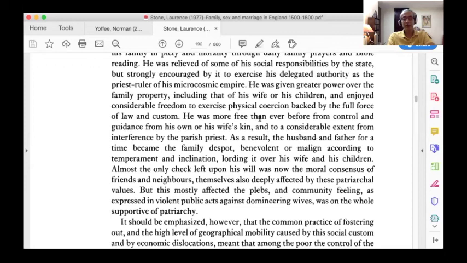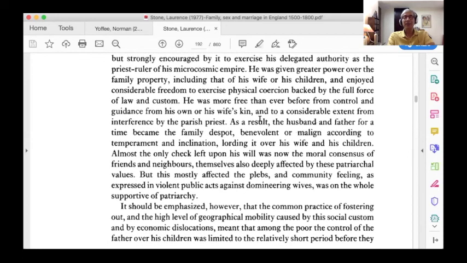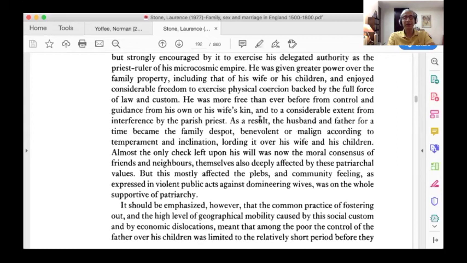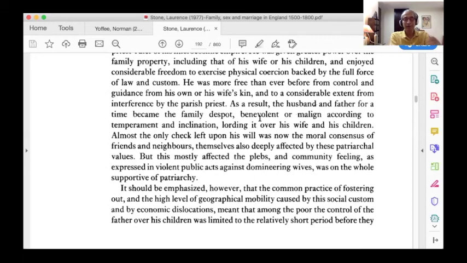He was more free than ever before from control and guidance from his own or his wife's kin, and to a considerable extent from interference by the parish priest. As a result, the husband and father for a time became the family despot, benevolent or malign, according to temperament and inclination, lording it over his wife and his children.